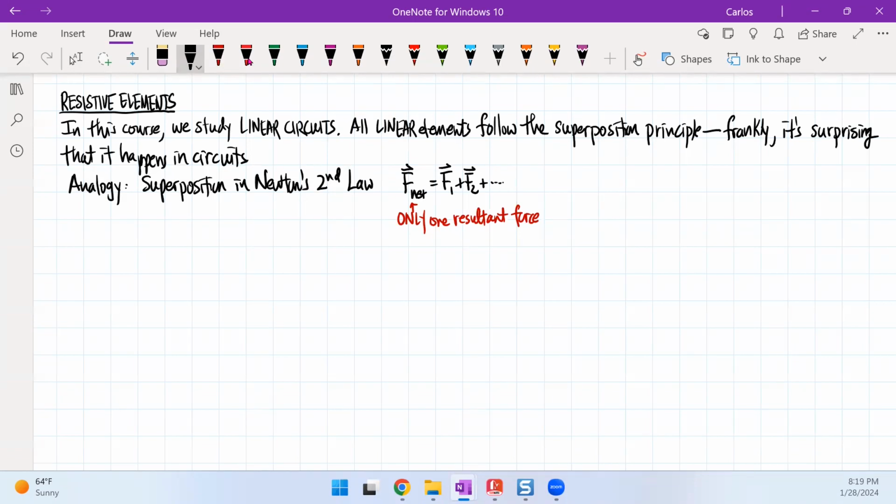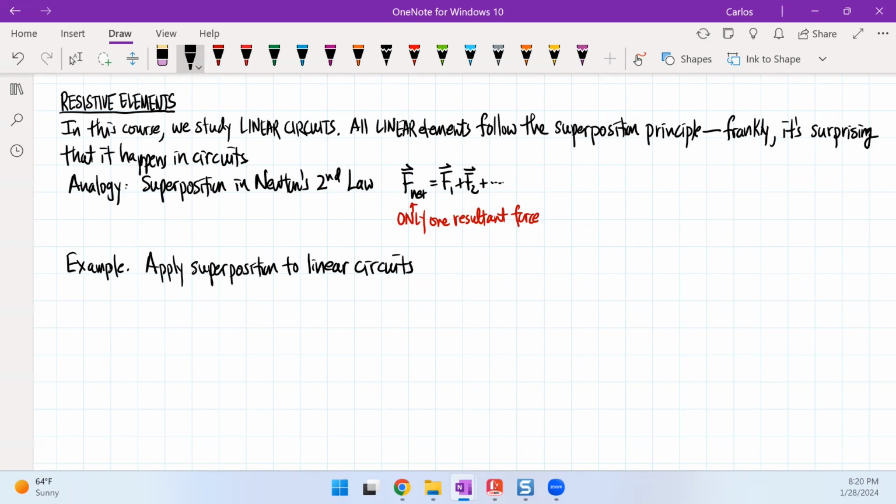Now, to give you a sense of what this means in circuits, let me give you an example. In this example, we're going to apply superposition to linear circuits.